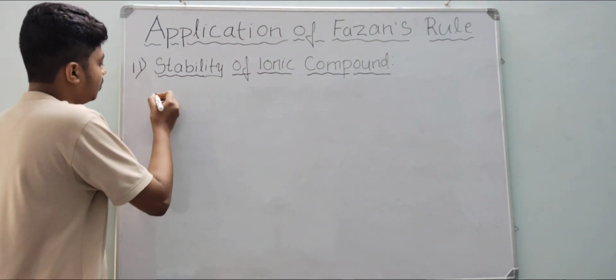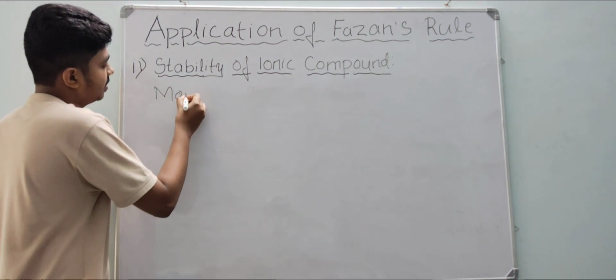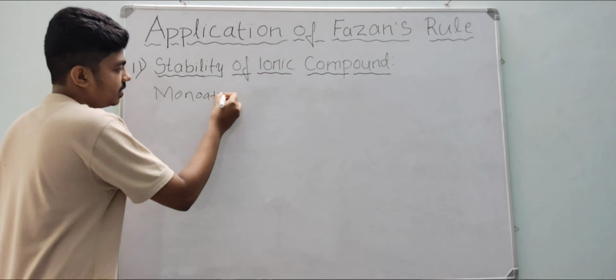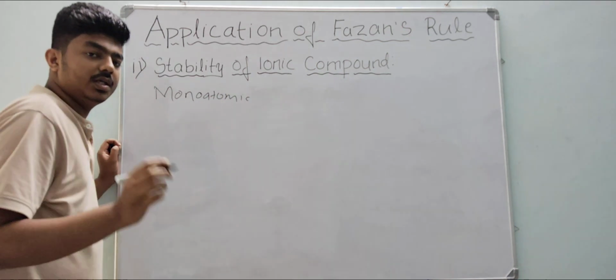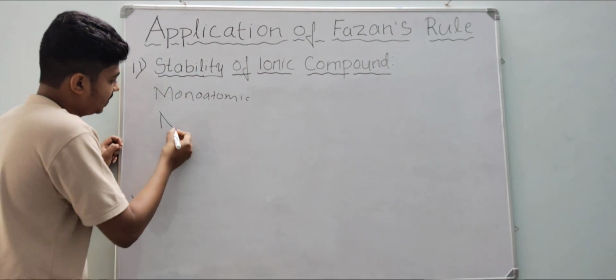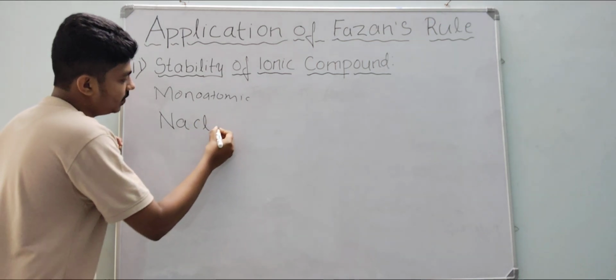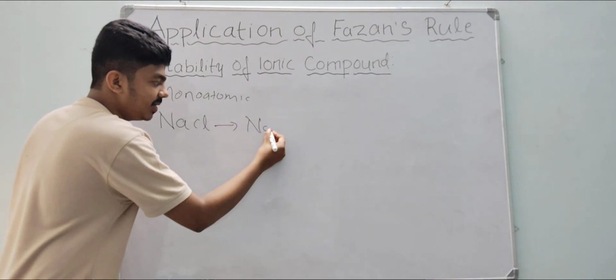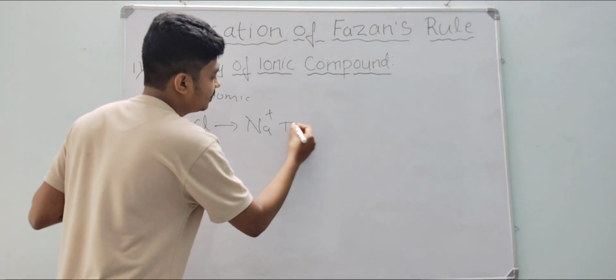In the case of a monoatomic anion, consider an example of NaCl. We can write it as Na plus and Cl minus.